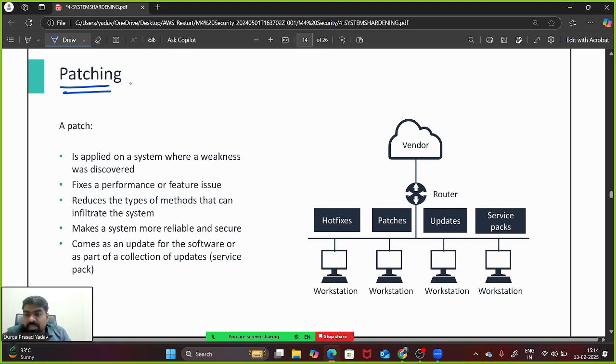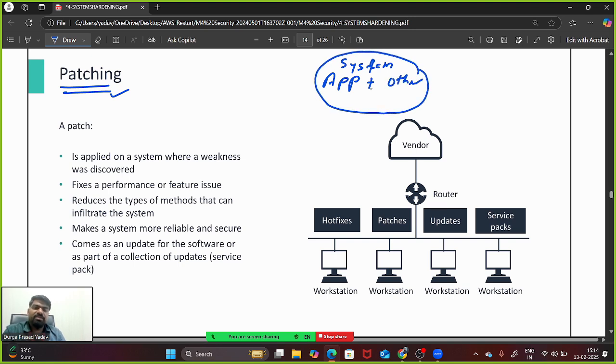Here we are talking about patching. What is patching? Let's say you have an application, or any system application. Means operating system or application, both we can consider, OS plus application.